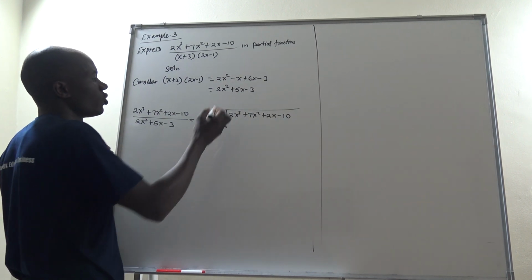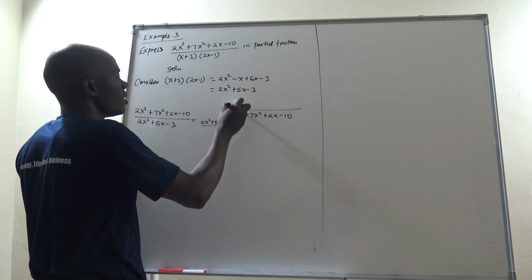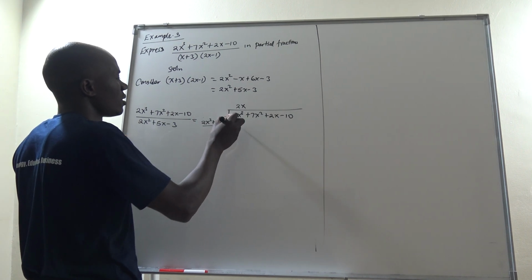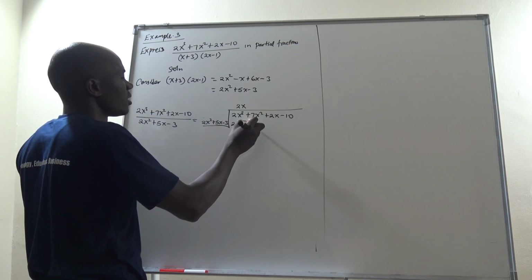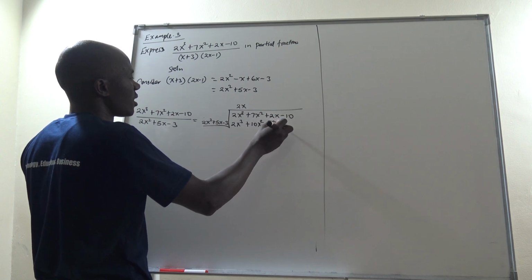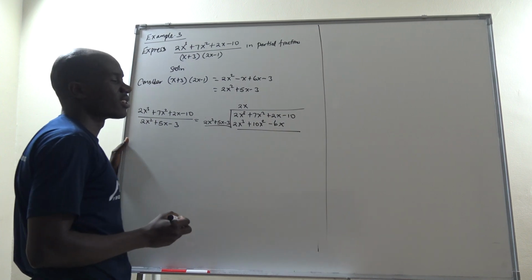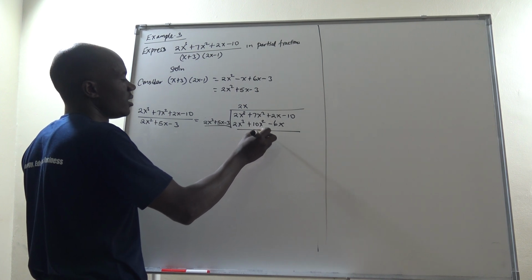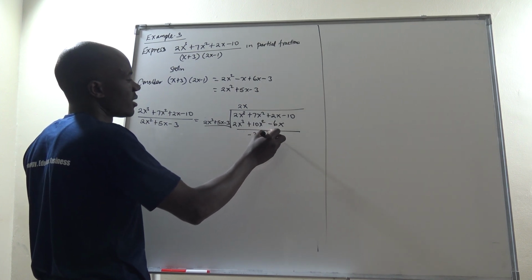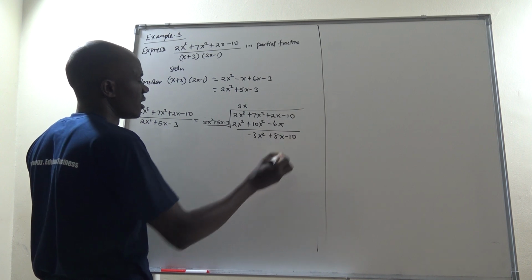Which number am I going to put here to multiply with this? It is going to be 2x. 2x times this, we get 2x cubed; 2x times this, we get 10x squared minus 6x. Then we subtract. We get negative 3x squared, then plus 8x minus 10.